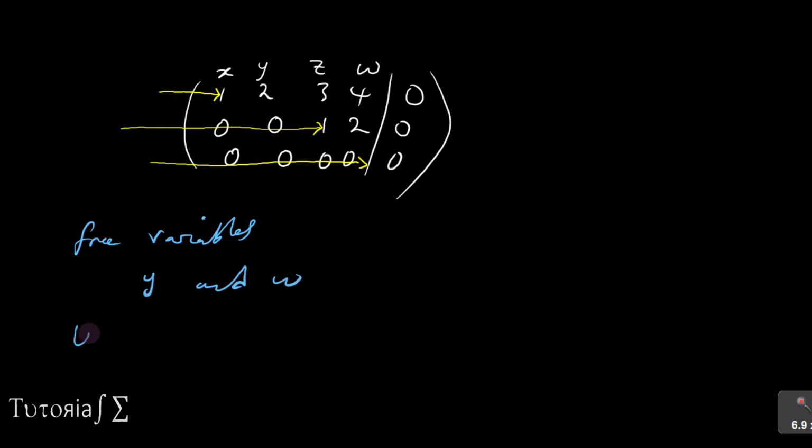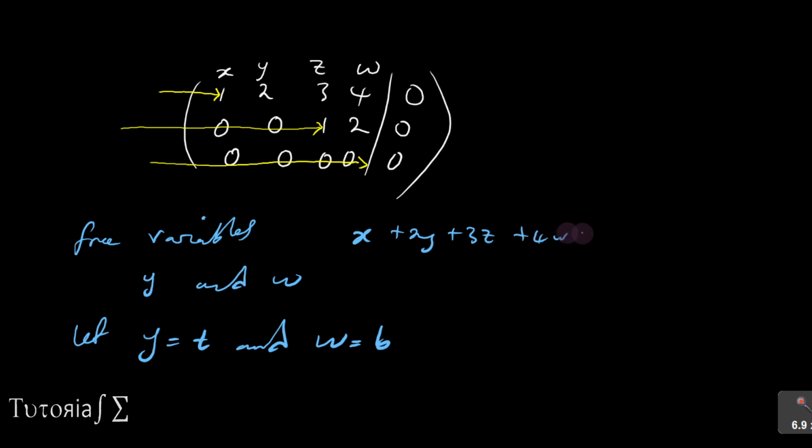So we let y be any letter of our choice, y equals t, and w equals any letter of our choice, b. Then we'll do our back substitution. The first row will be x plus 2y plus 3z plus 4w equals 0. The second one is just z plus 2w equals 0.